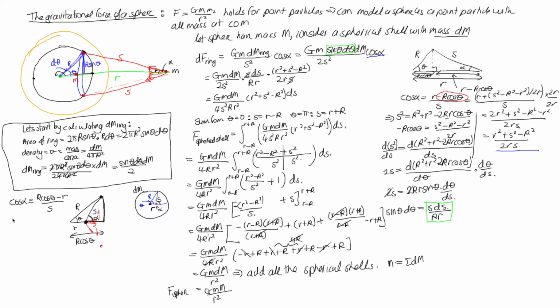So now for r cos theta, we rearrange this and we get this is equal to r squared plus r squared, and then we're subtracting s squared, and then we need to divide by the 2r.